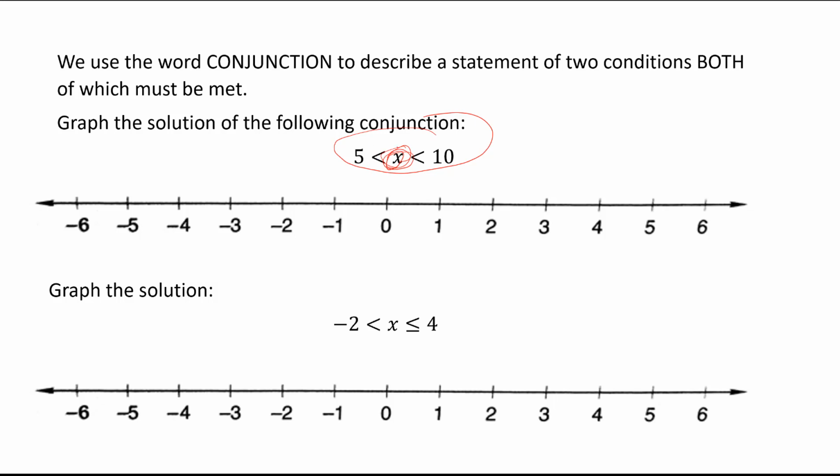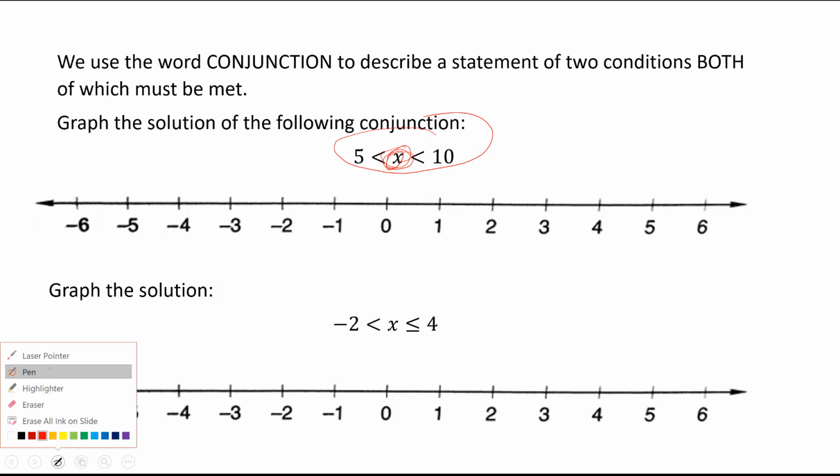So 5 is less than x, meaning that x is greater than 5. And then also x is less than 10. So with that one statement, using the two less than signs, we're able to say both things at the same time. We're able to say x is greater than 5 and less than 10. That's called a conjunction.